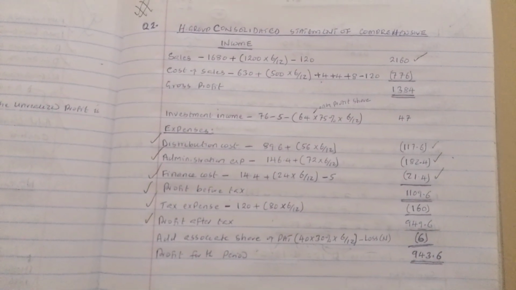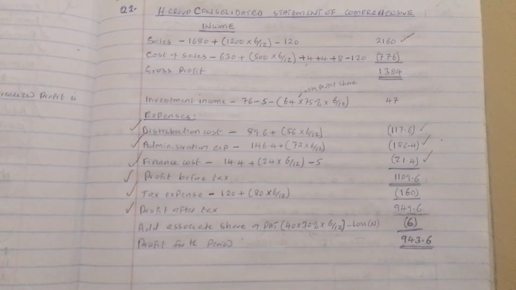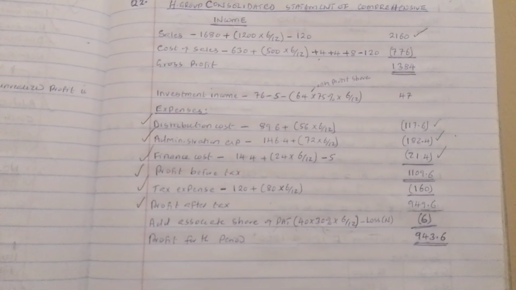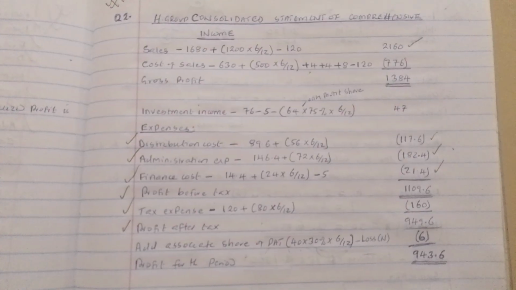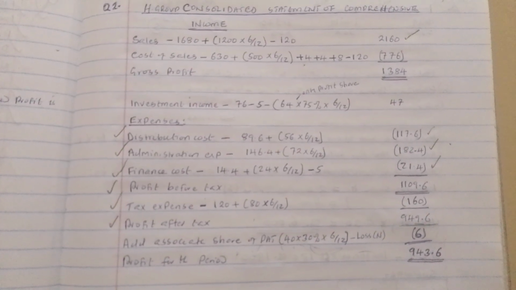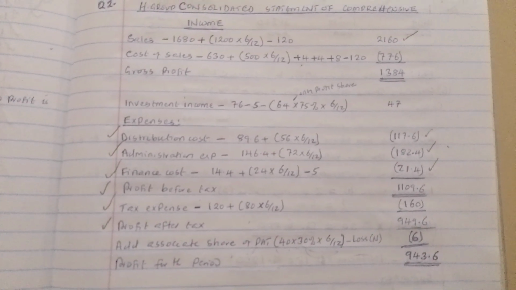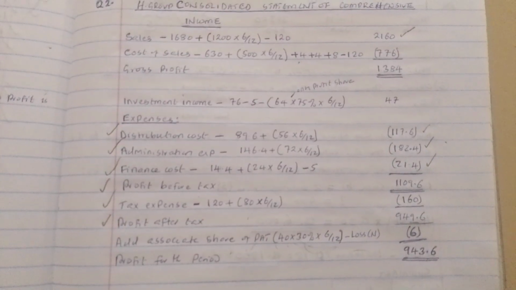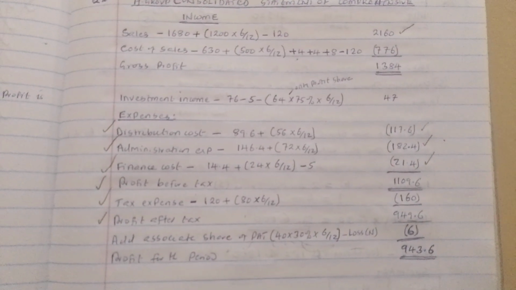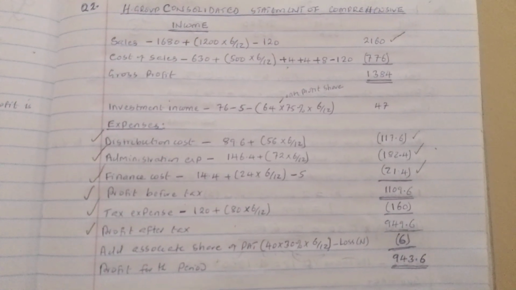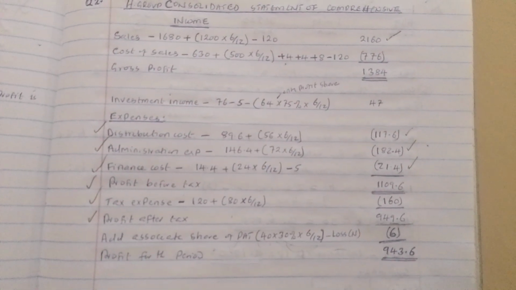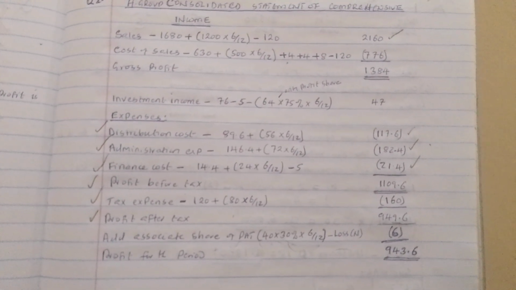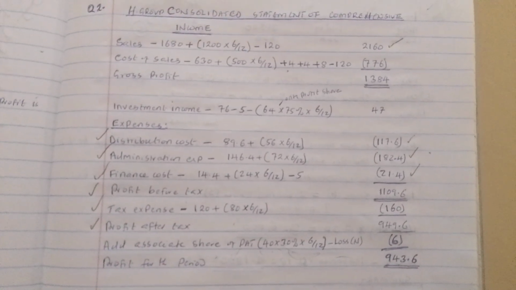Consolidated, the H group consolidated statement of comprehensive income. You can see we are taking the sales for the parent, which was 1680, plus 1200 for F. Remember, F was the subsidiary. We are multiplying by 6 over 12. Why? Because we acquired this company 6 months before the end of the year.